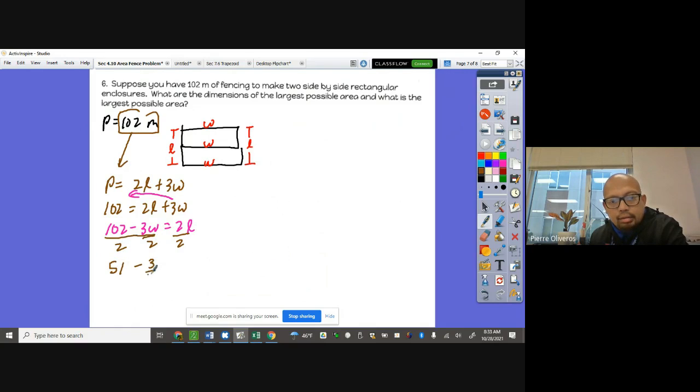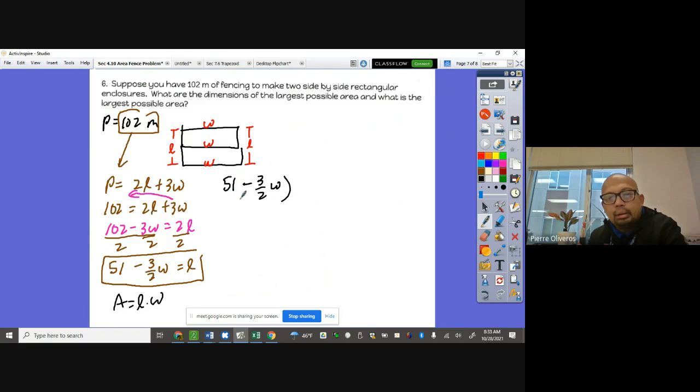Minus 3 halves W equals L. Applying the formula of area, we know area is length times width. We get here 51 minus 3 halves of W times W is equal to the area.